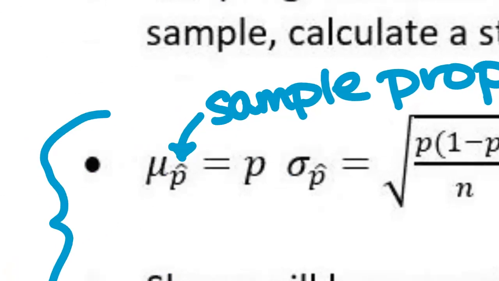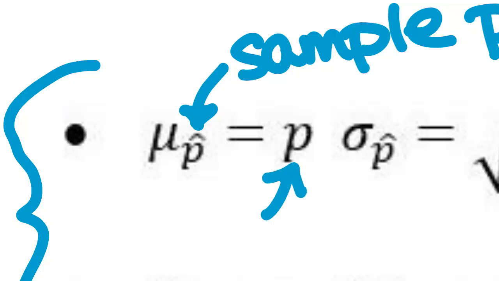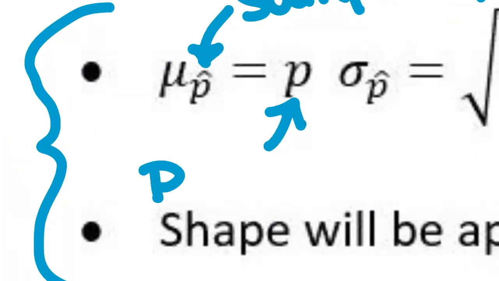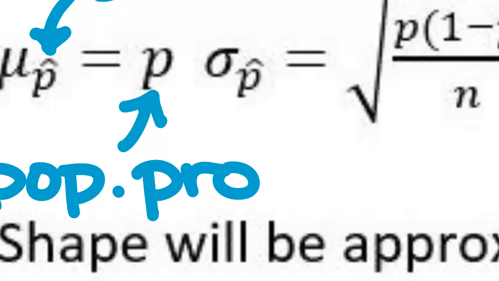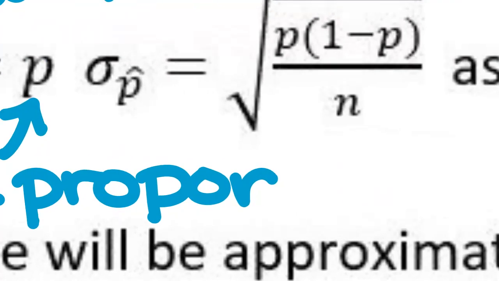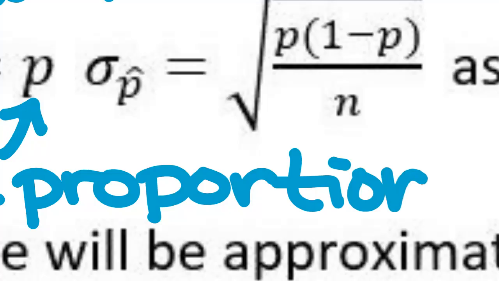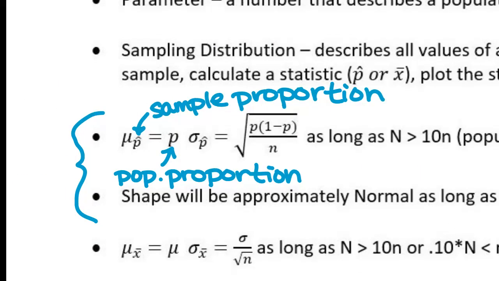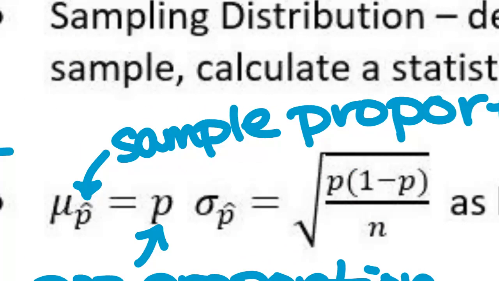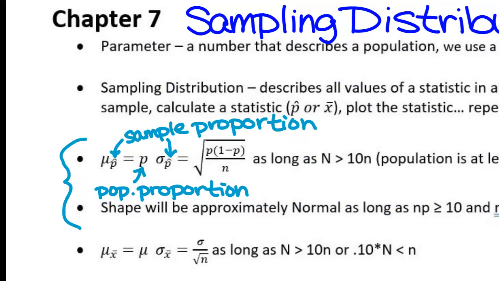The mean of p hat is the same thing as p, which is the population proportion. The standard deviation of p hat is the square root of p times 1 minus p over n. It's been a minute since we used that formula.